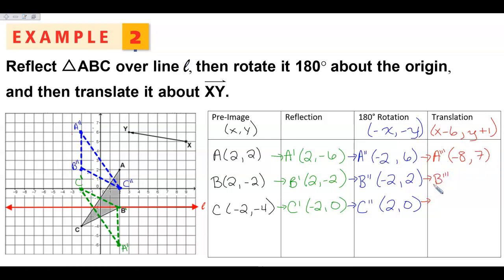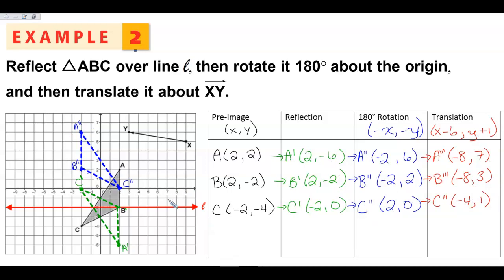Then we're going to look at B triple prime. Okay, -2 minus 6 again is -8. 2 plus 1 is 3. And my C triple prime, 2 minus 6 is -4. And 0 plus 1 is 1.